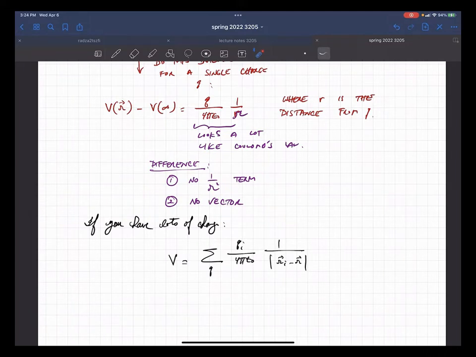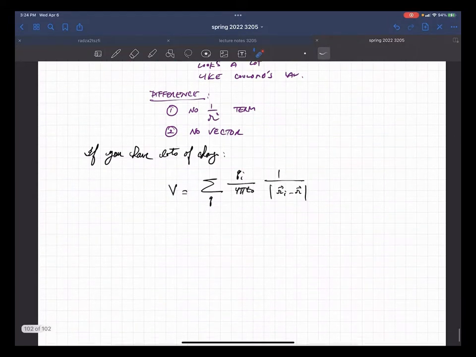And again, notice this is very important in terms of the potential: there's no vector. It's a scalar.